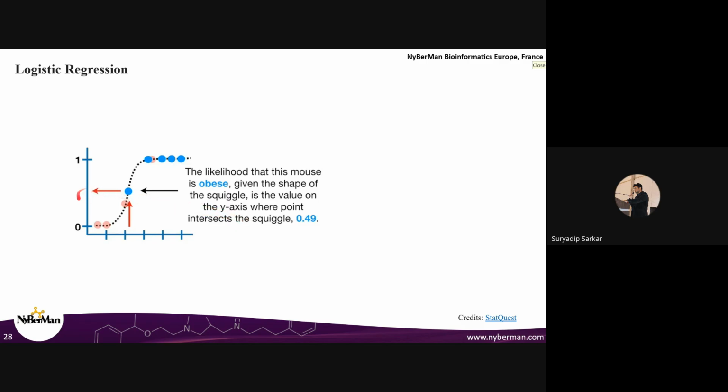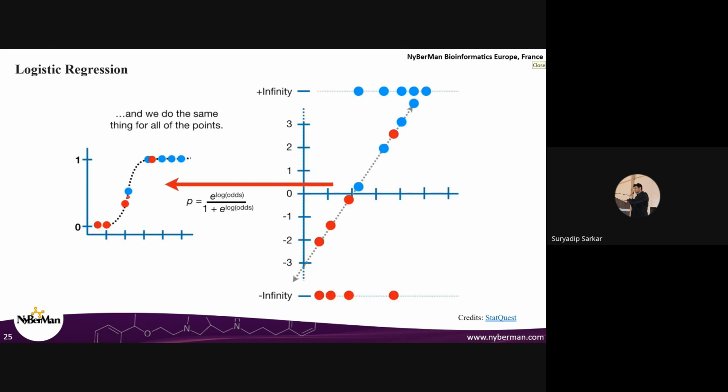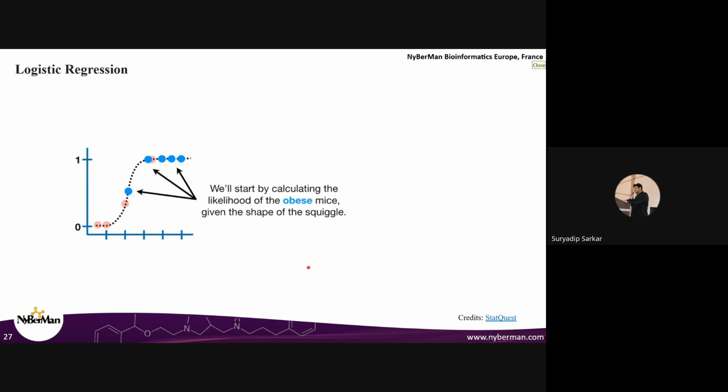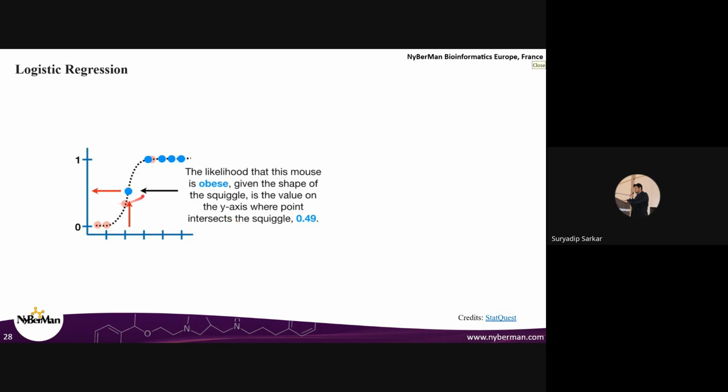That comes out to be somewhere around 0.49. In other words, the likelihood that this particular mouse is obese given the shape of the squiggle is the same as our predicted probability. For this particular sample, our model, which came from this straight line, has predicted a probability of 0.49 of being obese.